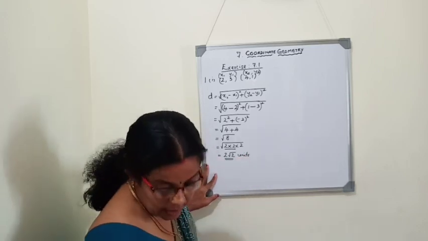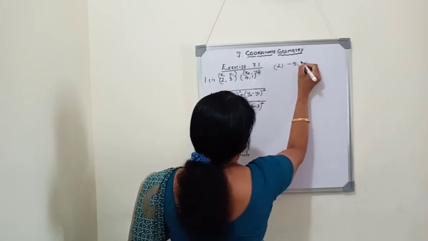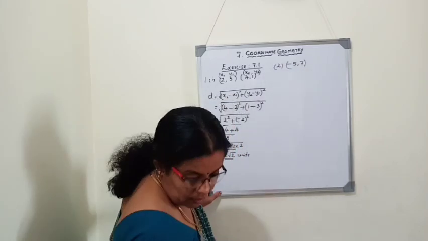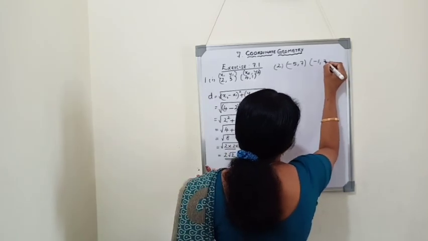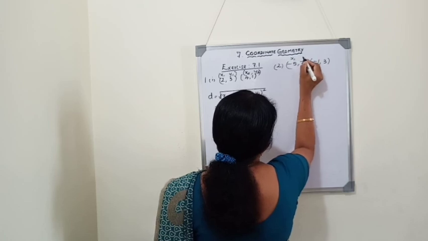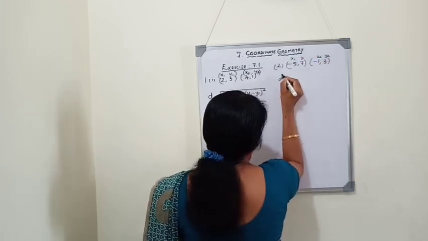The second question is minus 5, 7 and minus 1, 3. So, we will write it first as x1, y1 and x2, y2. So, we will write the formula.